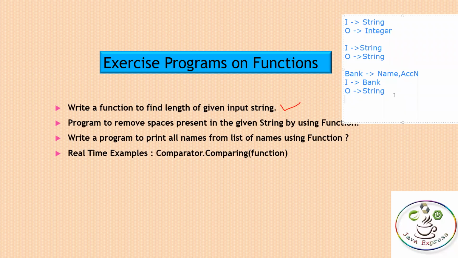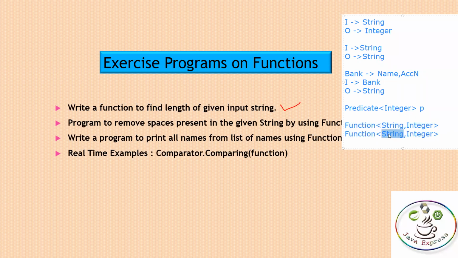Now to write a predicate function, how are you writing? You are writing Predicate of Integer p. In the same way we can write for the function like this. Function, what is your input data type for the first program? String. What is your second data type? Integer. The first part is called input and the second part is called output. Now the same structure here also.